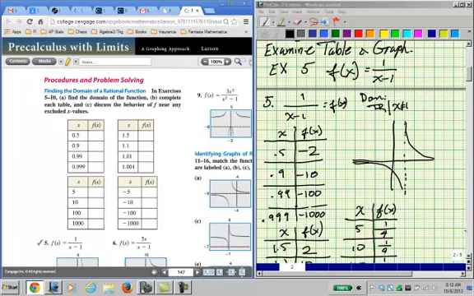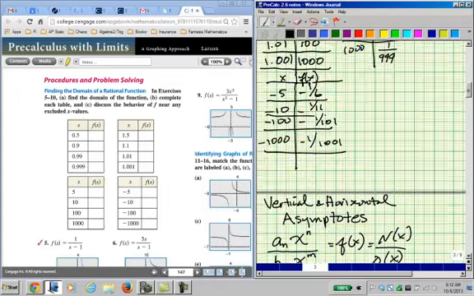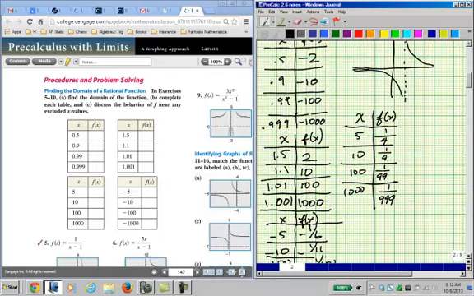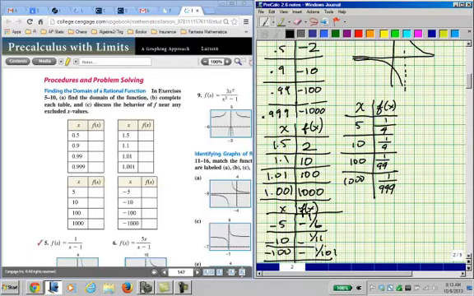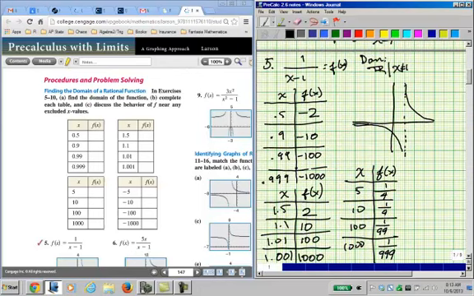Okay, and y is approaching negative infinity. And then in the next table we have x approaching negative infinity and y approaching 0. So x gets bigger and bigger in the negative direction, y approaches 0 from the negative direction. Negative 5, negative 10, negative 100, negative 1,000, and so on.